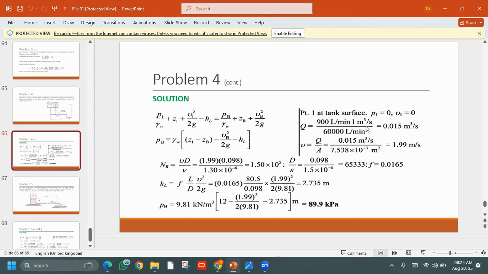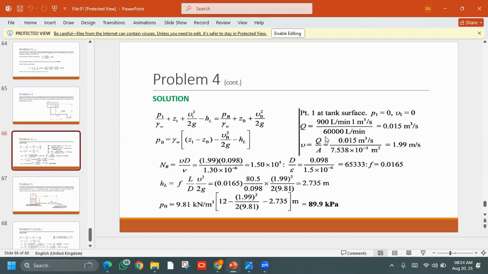So we know that 1 meter cube per second discharge equals 1000 liters. So we divide 900 liters by 1000, and as this is given in minutes, we need to convert it into seconds.